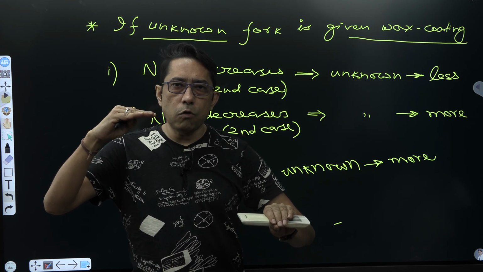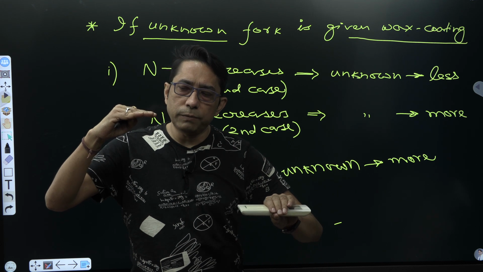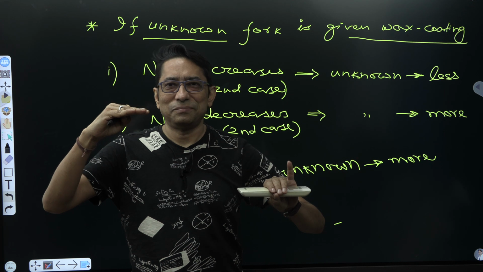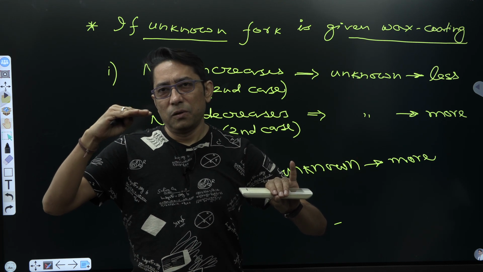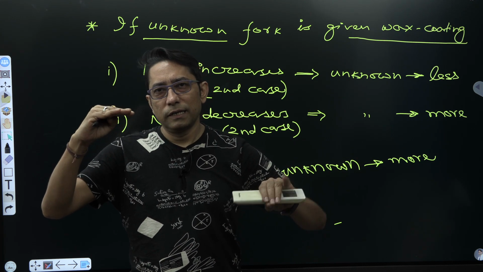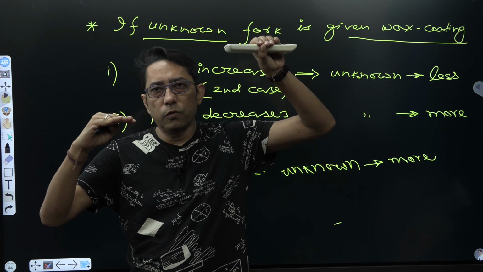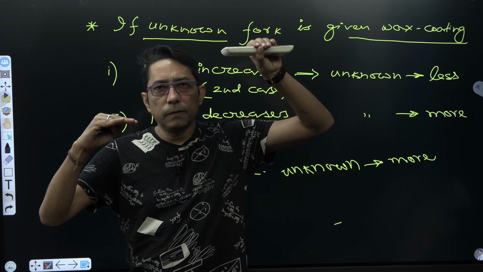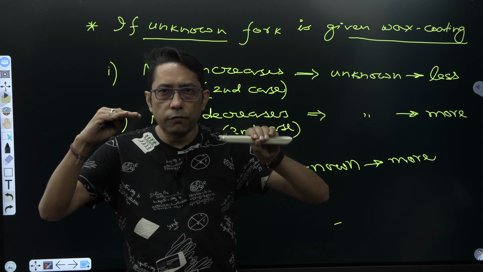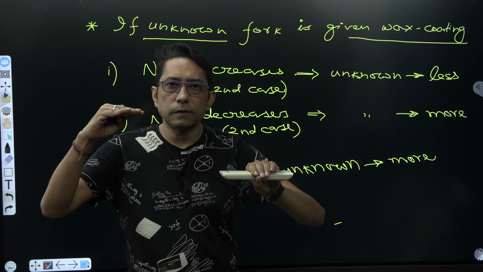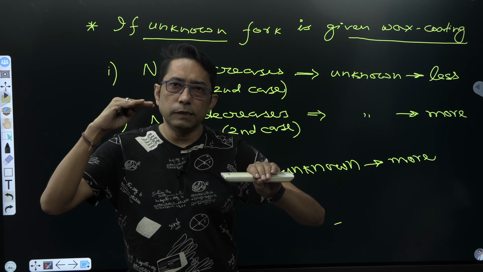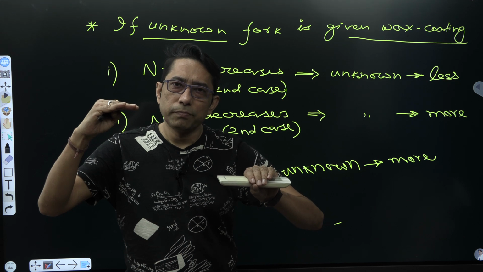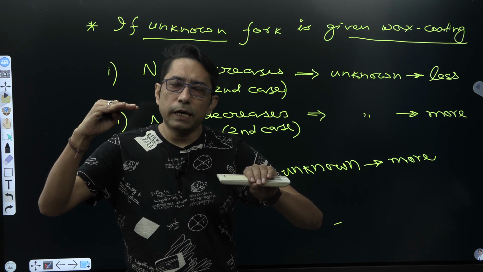Now can you tell me how many beats will be produced if you vibrate these two together? Anyone? 200 is constant. This was 204. Wax coating applied. Its frequency now decreased from 204 to 196, but the other frequency remains at 200. How many beats should be produced now? 4 again.